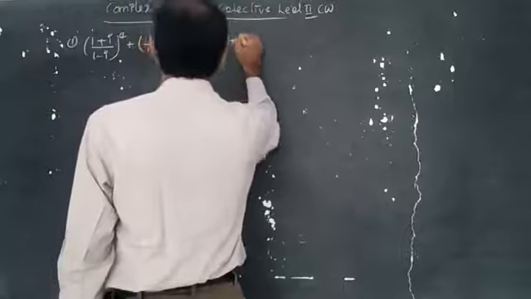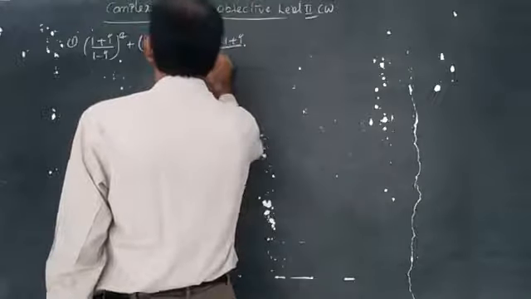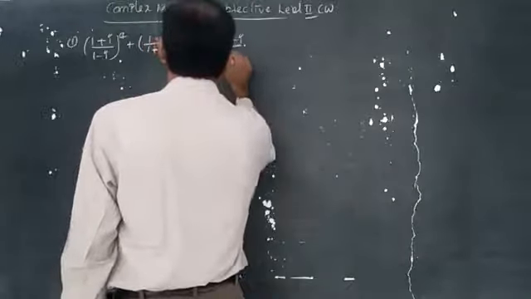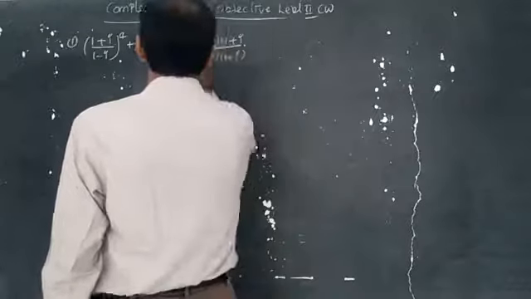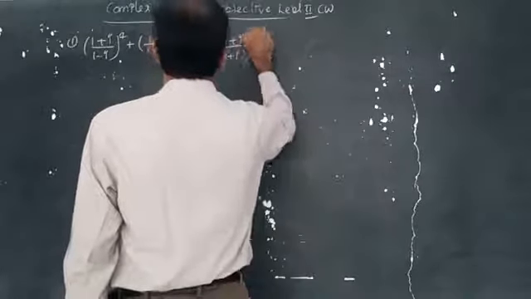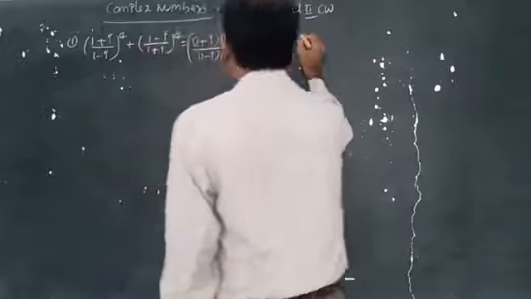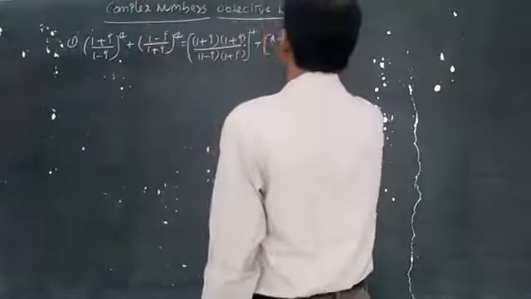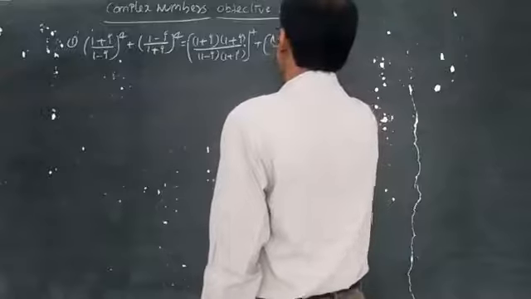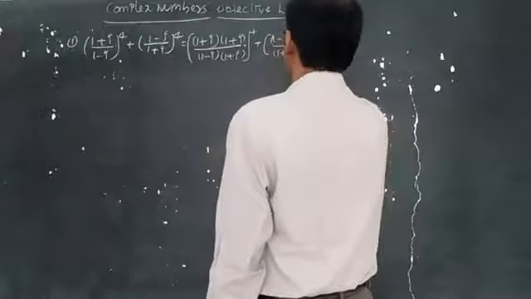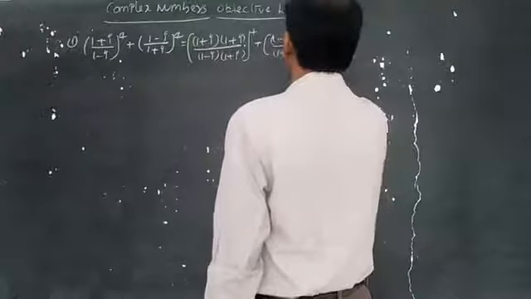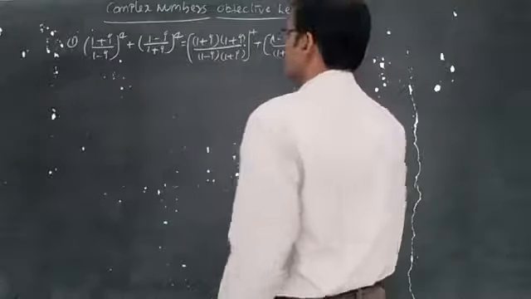So 1 plus i into 1 plus i by 1 minus i into 1 plus i, total whole power 4. Plus, in the similar way, rationalize the denominator: 1 plus i into 1 minus i by 1 plus i into 1 minus i, total whole power 4.